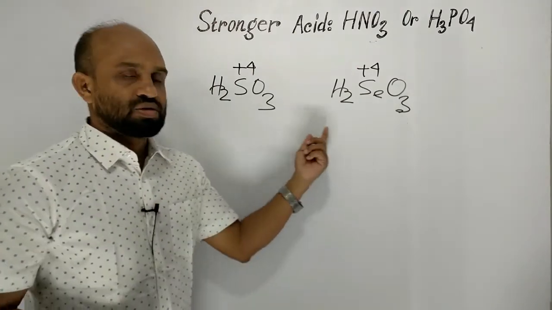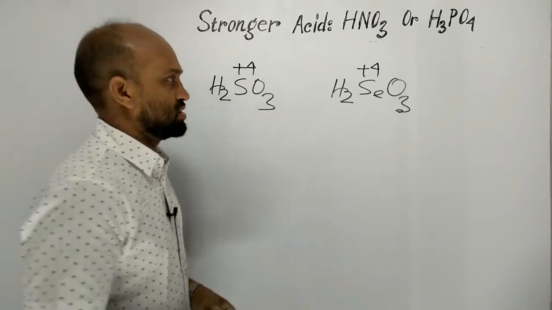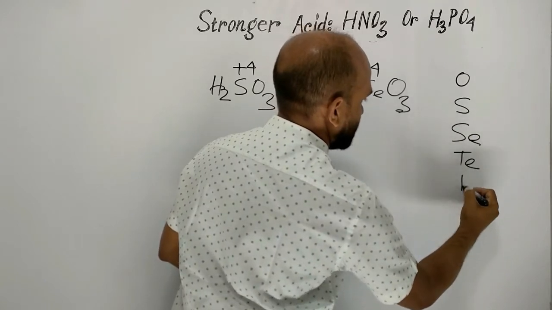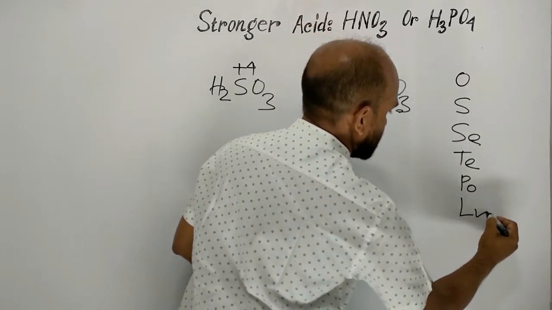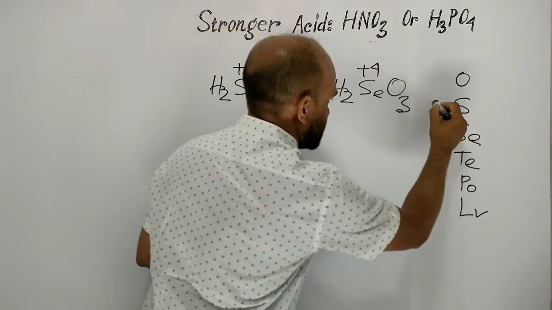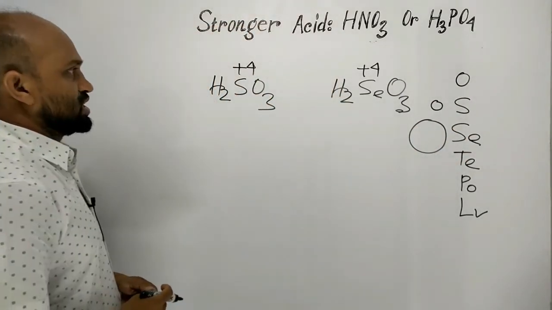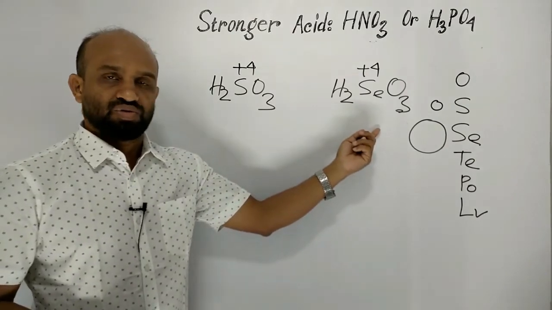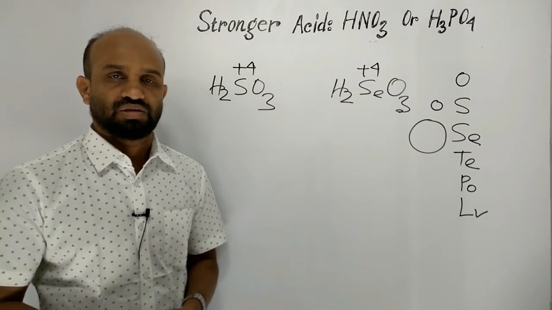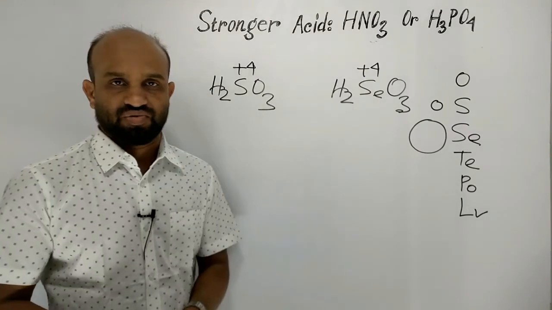Now let's see the positions of these elements in the periodic table. Oxygen, sulfur, selenium, tellurium, polonium, livermorium. That is, sulfur is smaller in size than selenium. That is why, though sulfur and selenium are carrying the same charge, their charge densities are different.